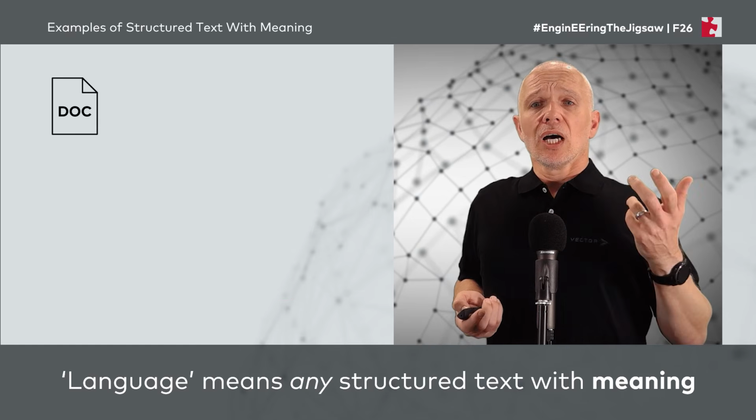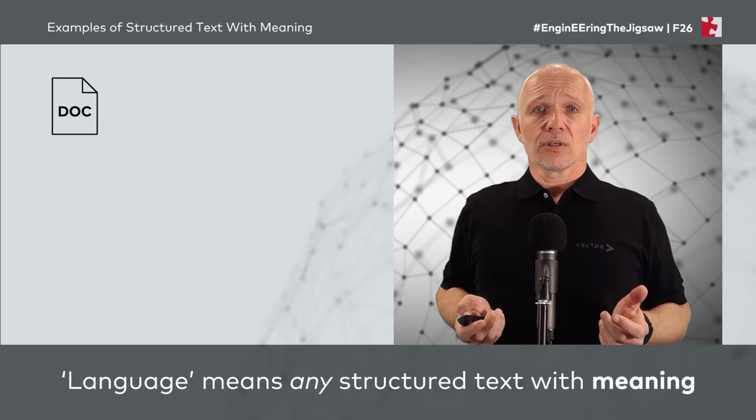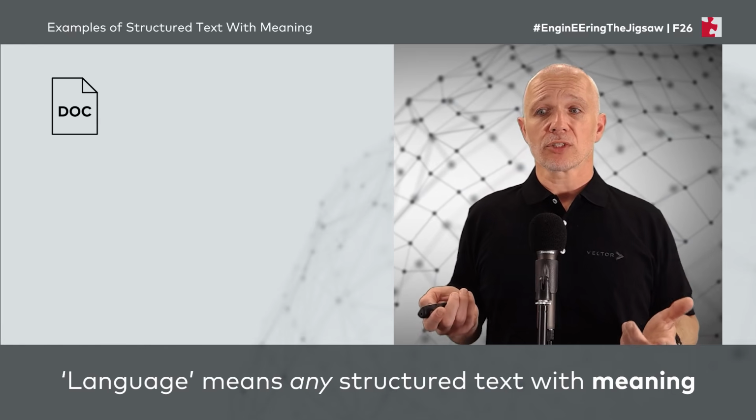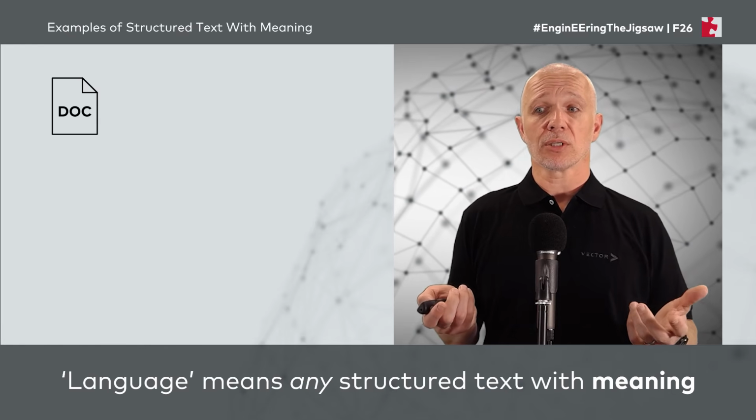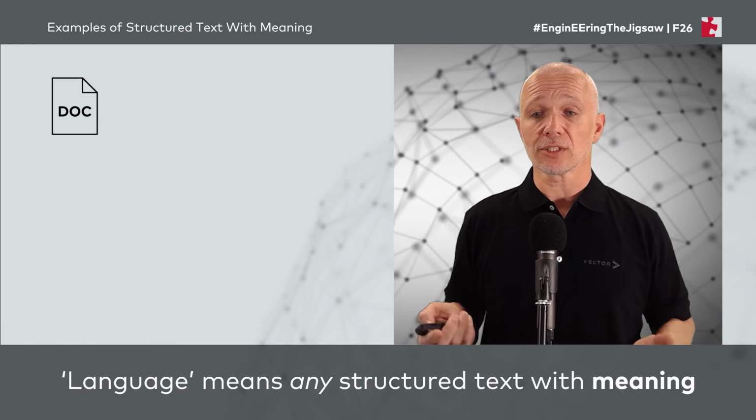So, an example that an engineer might know for a structured text with meaning would be some kind of document, for example, specifications or data sheets.